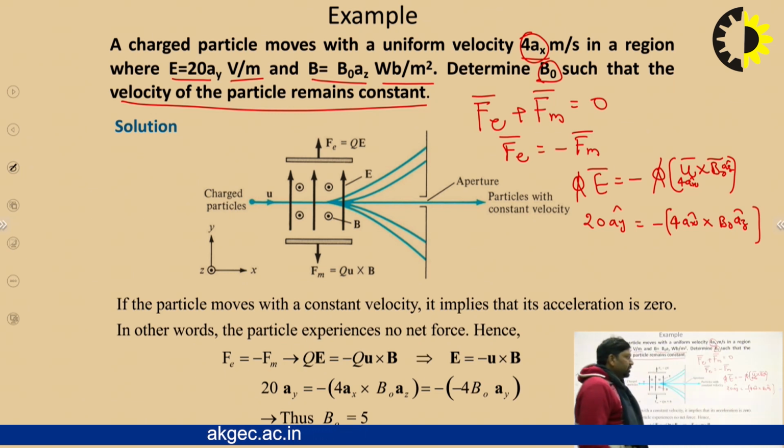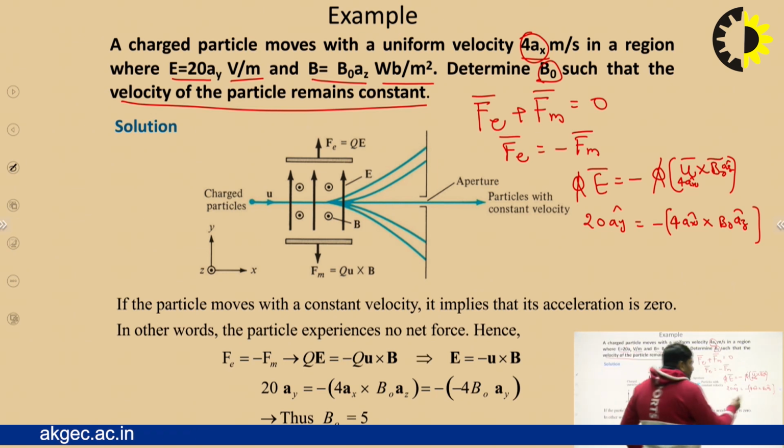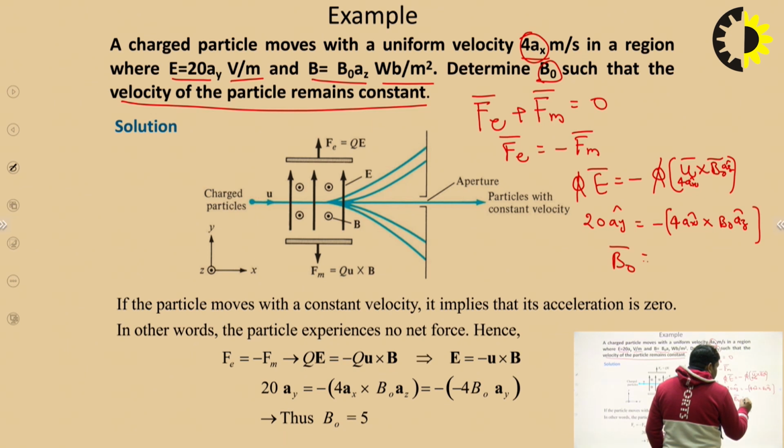So what is the value of B naught? We can easily calculate it. B naught is equal to 20 upon 4, equal to minus 5.